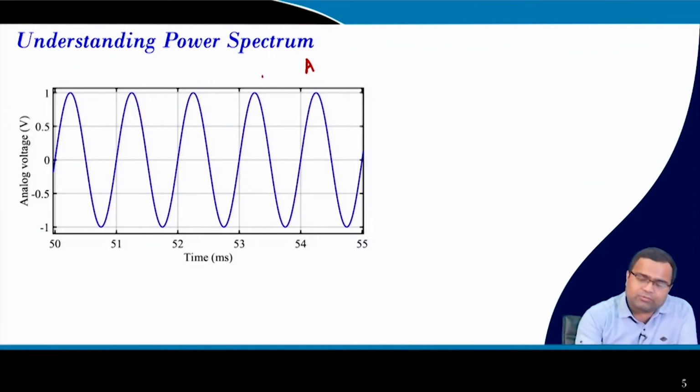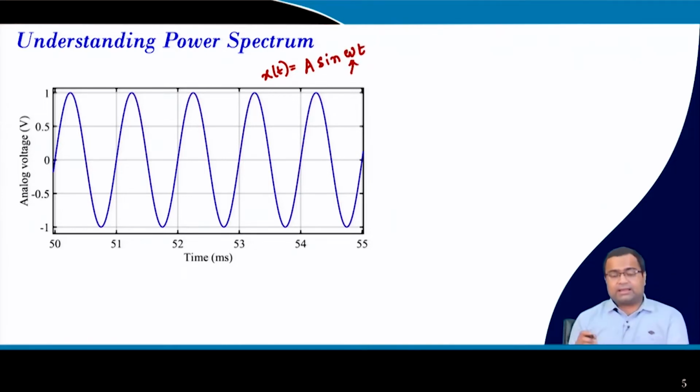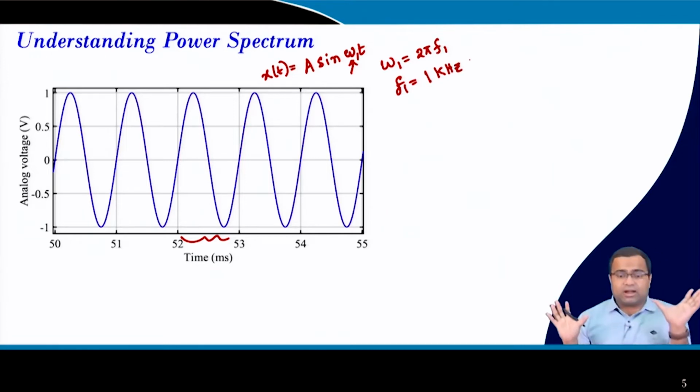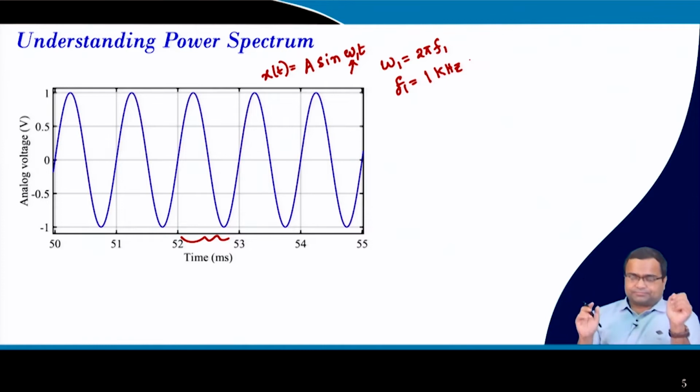Let us say we are talking about a continuous time signal x(t) equal to sin(omega t), where omega 1 is equal to 2 pi f1, where f1 we have considered 1 kilohertz. So, we have considered 1 kilohertz as my frequency.